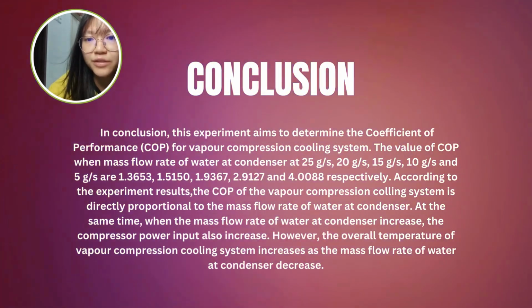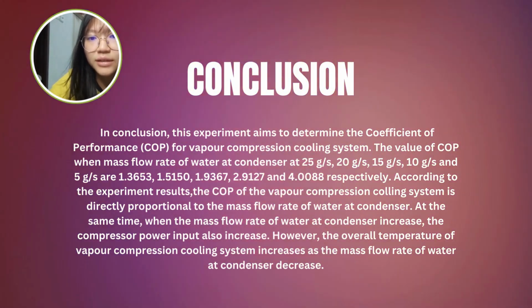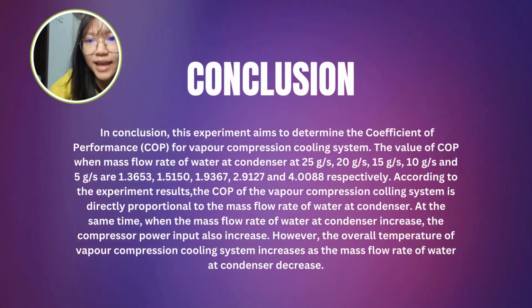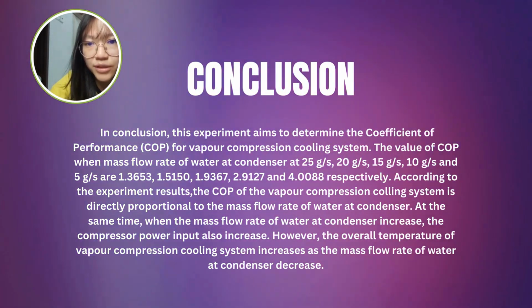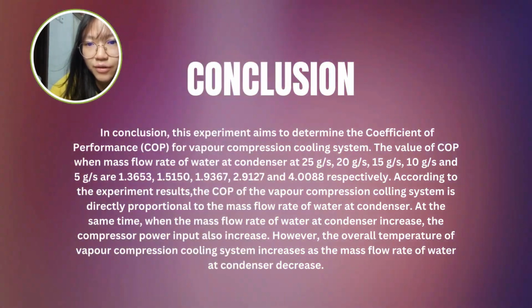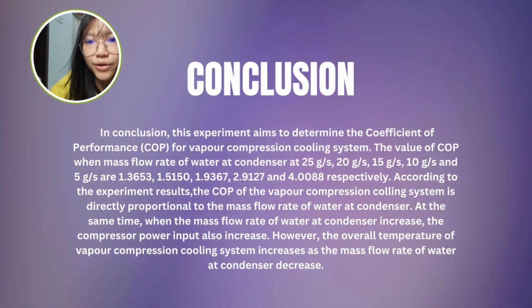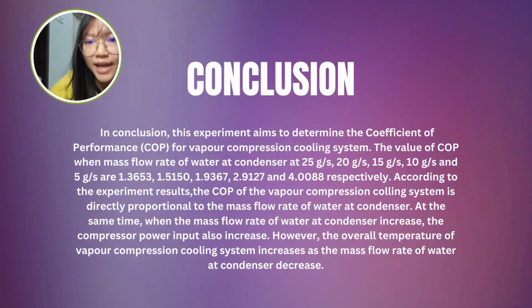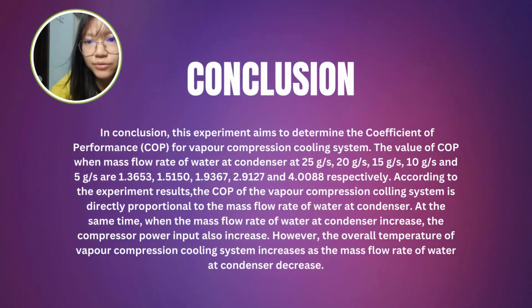The value of COP when the mass flow rate of water at the condenser is 25, 20, 15, 10 and 5 grams per second are 1.3653, 1.5150, 1.9367, 2.9127 and 4.0088 respectively.